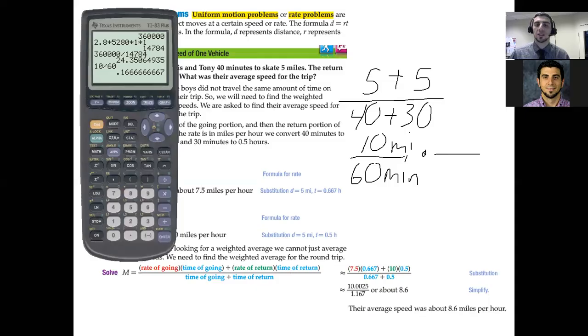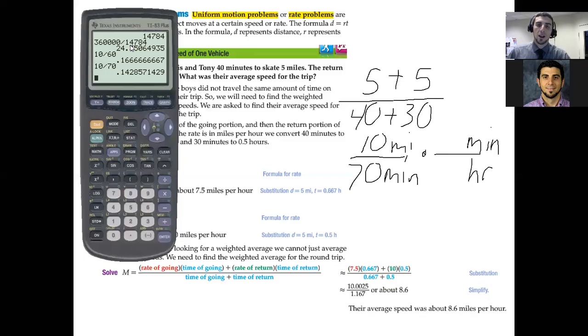The units for distance are already miles. The units for time are minutes. So to change it from minutes to hours, we need to convert it with the conversion from minutes to hours. Now, you know there's 60 minutes in an hour. I'm sorry, this should have been a 7. So here, that would be 10 divided by 70, which is 0.142857, and so forth.